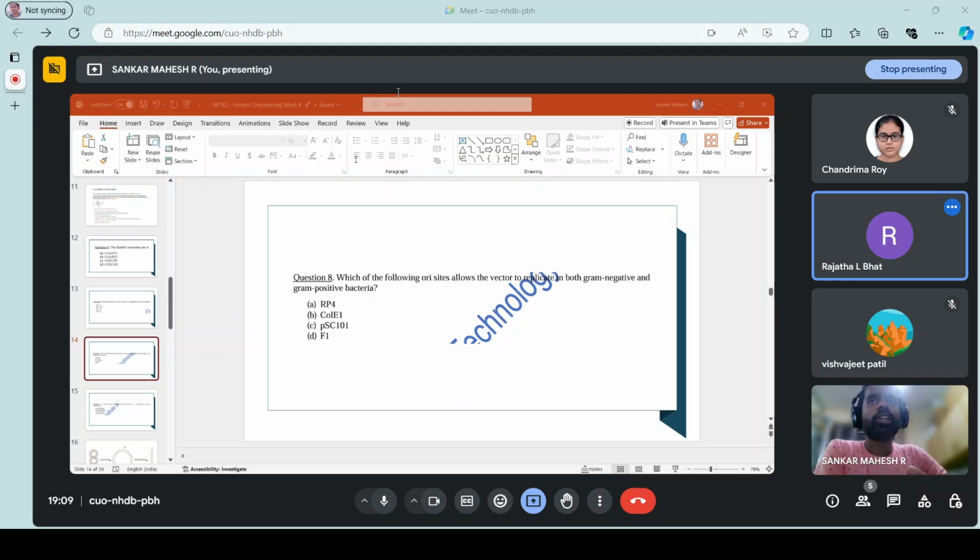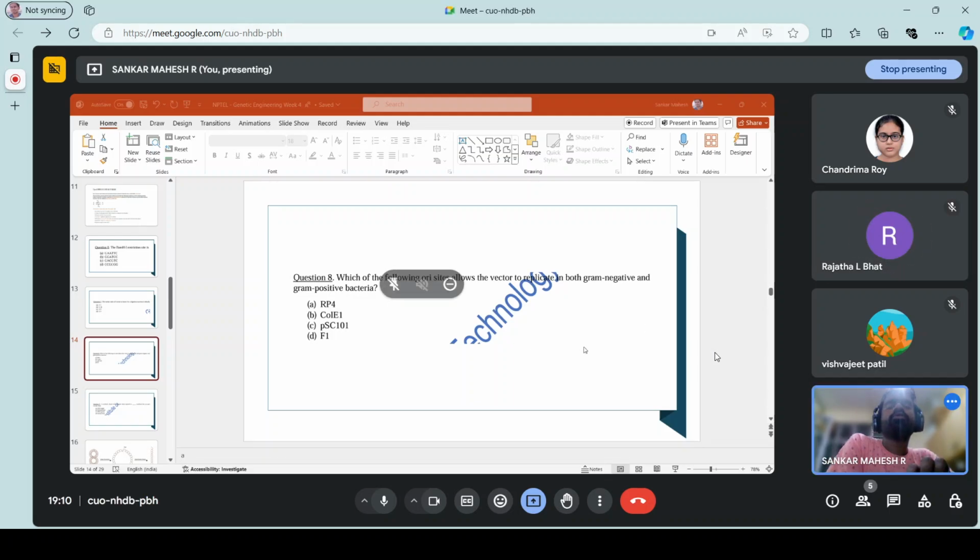Why do you think it can grow in both gram positive and gram negative? I'm not sure.